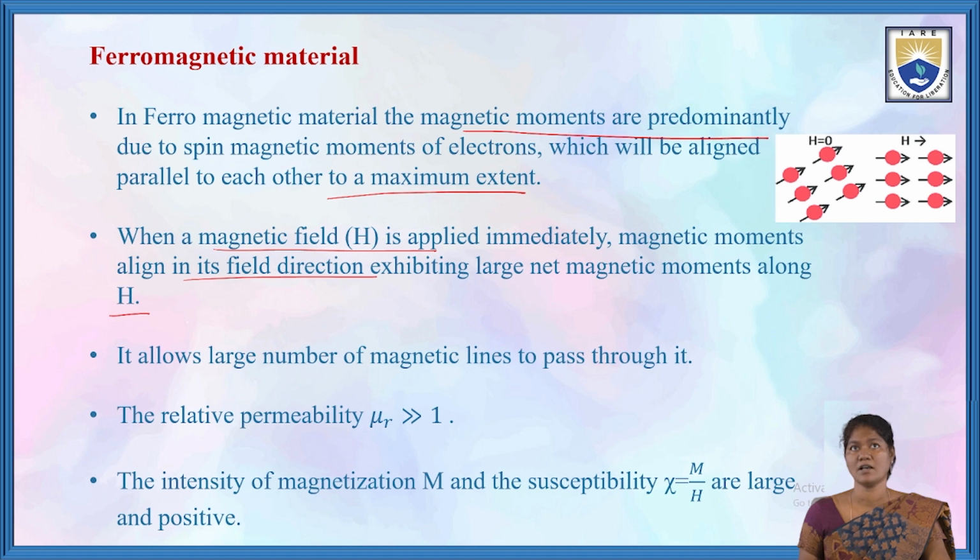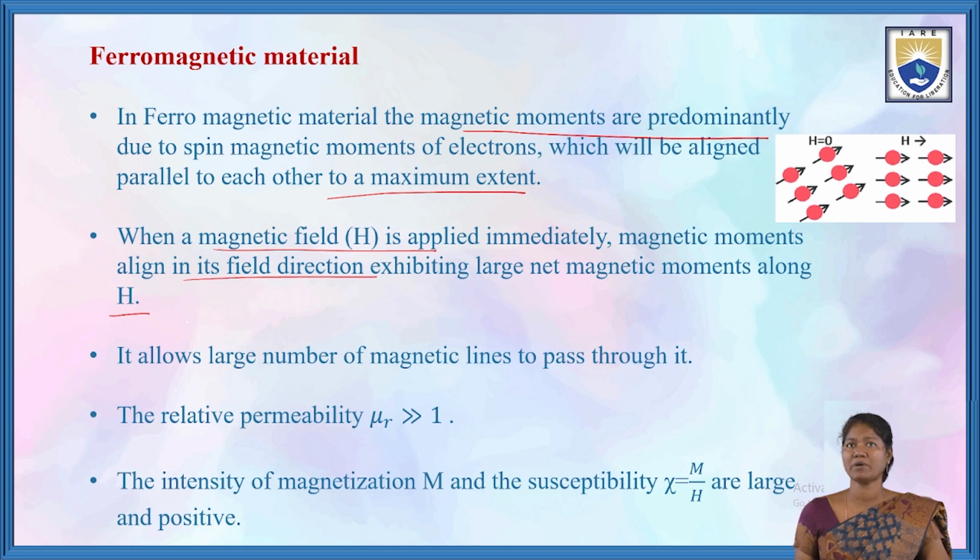Because in ferromagnetic material the magnetic moments are due to the spin of the electrons, they are aligned parallel to each other to a maximum extent in the absence of a magnetic field.